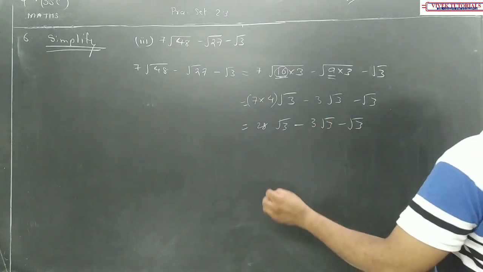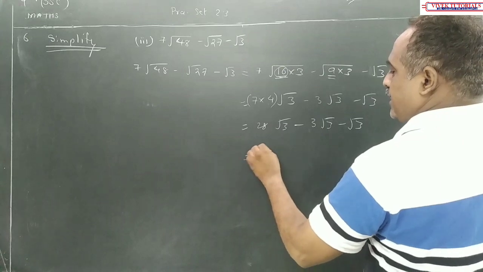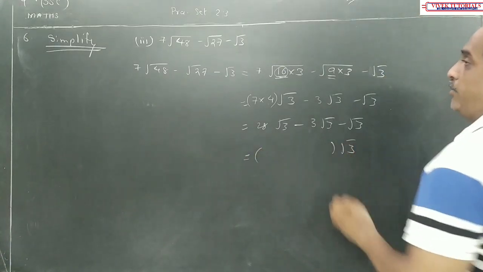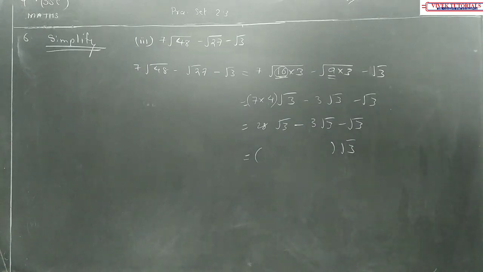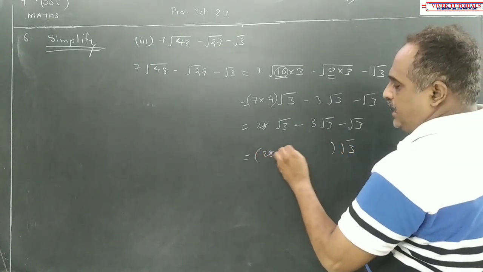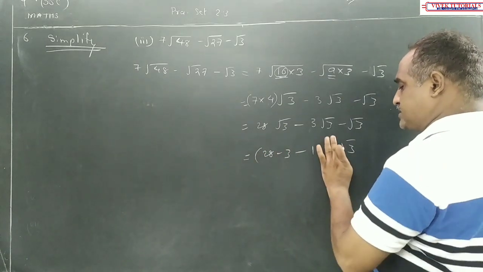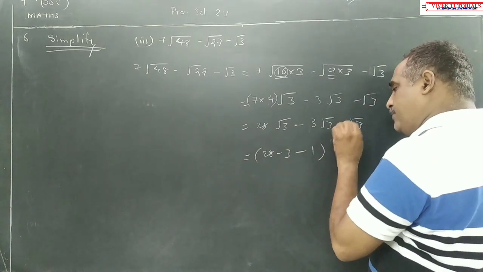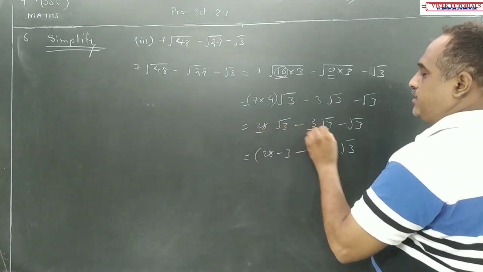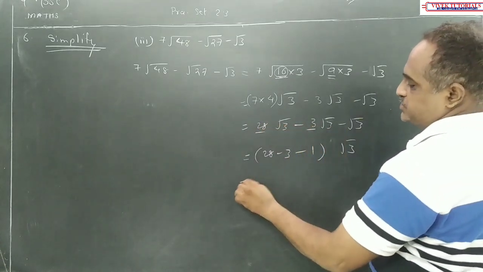So what we are going to do is take root 3 common. Root 3 common. So what will happen now? 28 minus 3 minus 1. Please students, if there is nothing written, it means we have to take 1. So 28 minus 3, and nothing means minus 1.